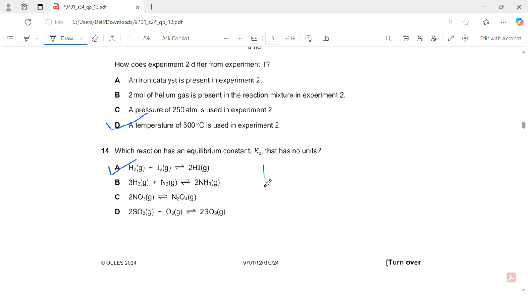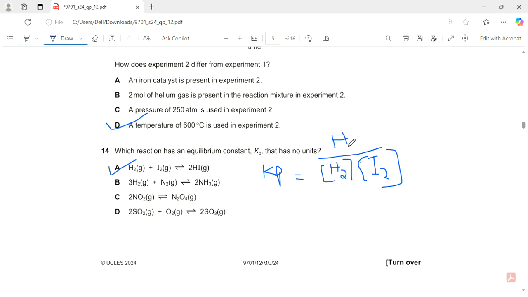You can do it by simply calculating the expression of the Kp like this, and you see there is H2, because on the left hand side the moles are balanced.